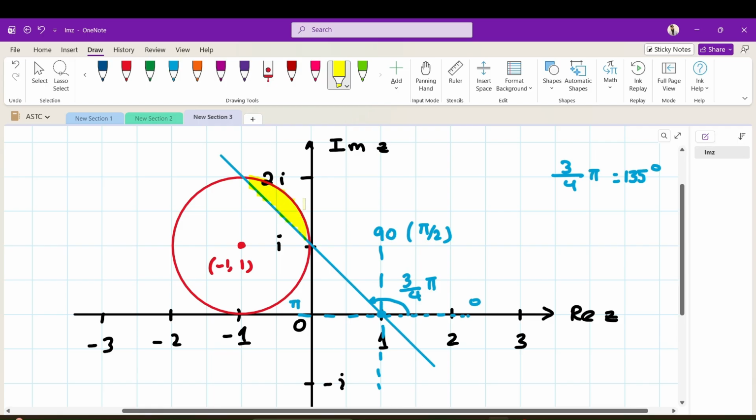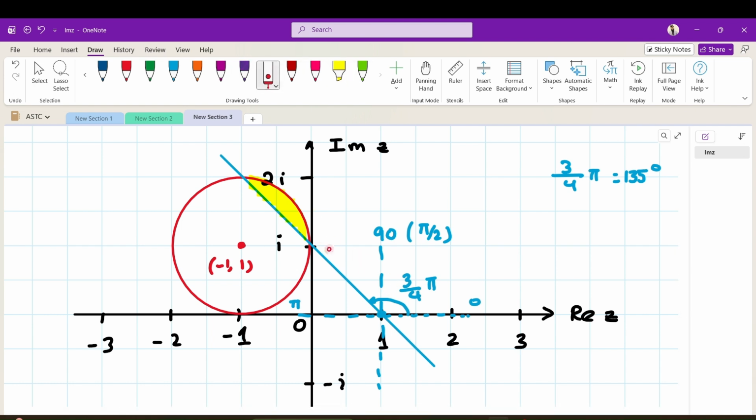If I draw an angle from this part until this part, before I reach this blue line, my angle would be less than 3 over 4 pi. If I go beyond this blue line, then my angle is going to be more than 3 over 4 pi, so that does not satisfy the given inequality. So this is the Argand diagram that you are supposed to draw.